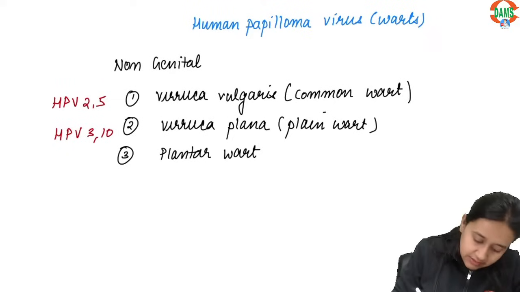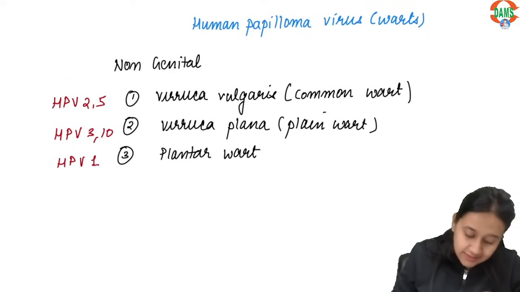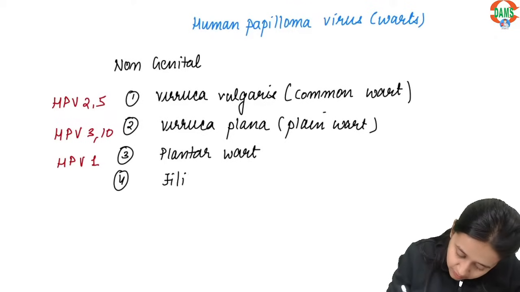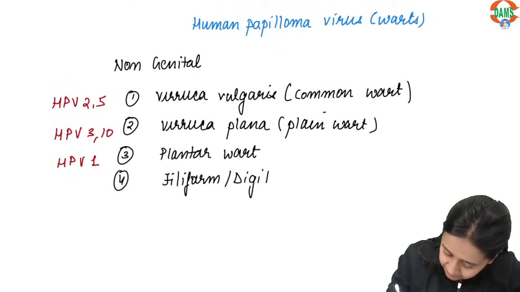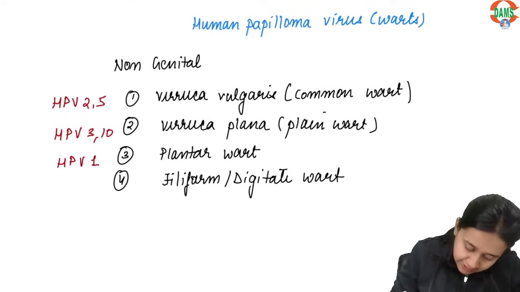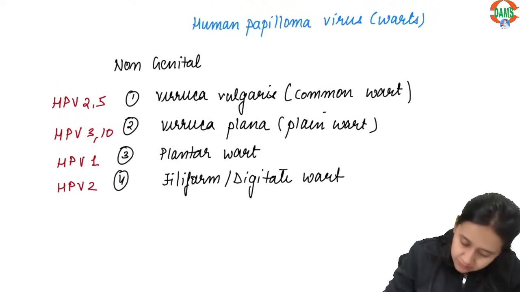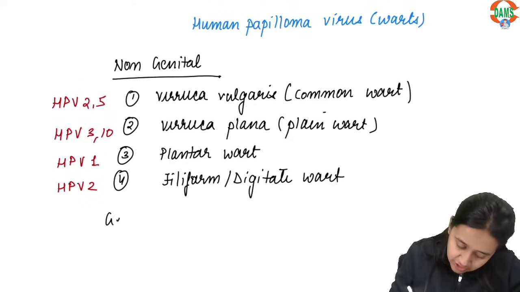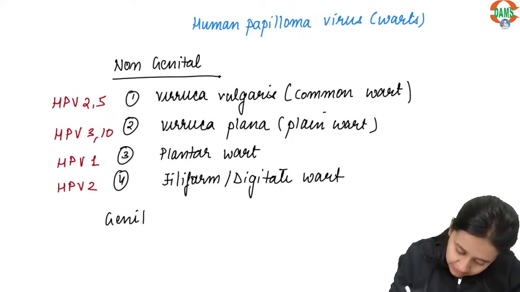The strain of HPV causing this is HPV 1. Next, filiform or digitate wart, like a finger-like projection. This is HPV 2.